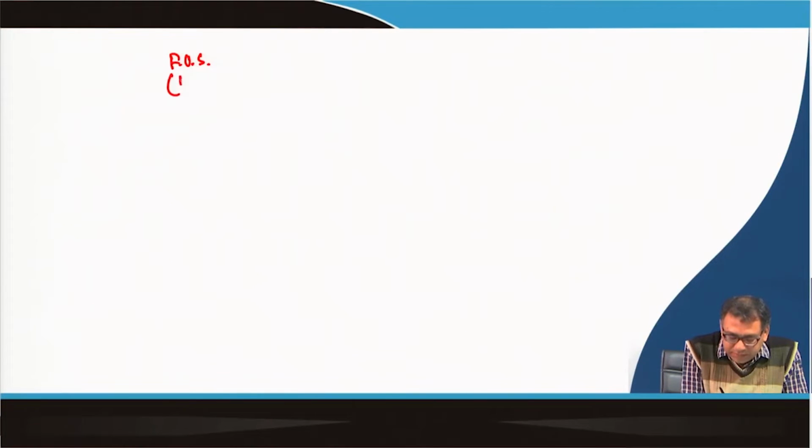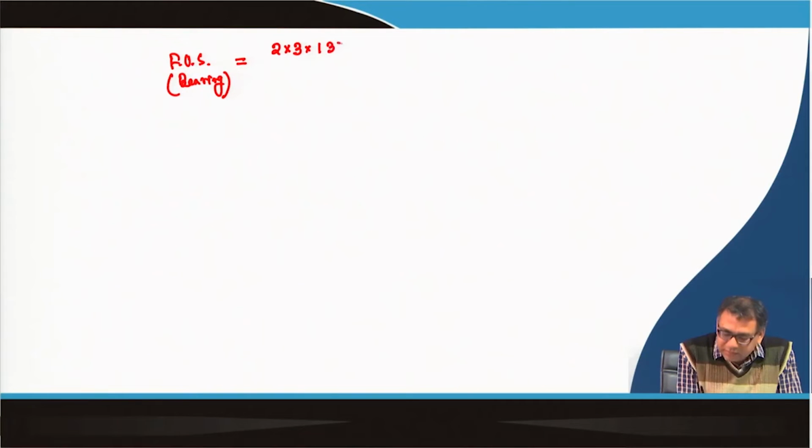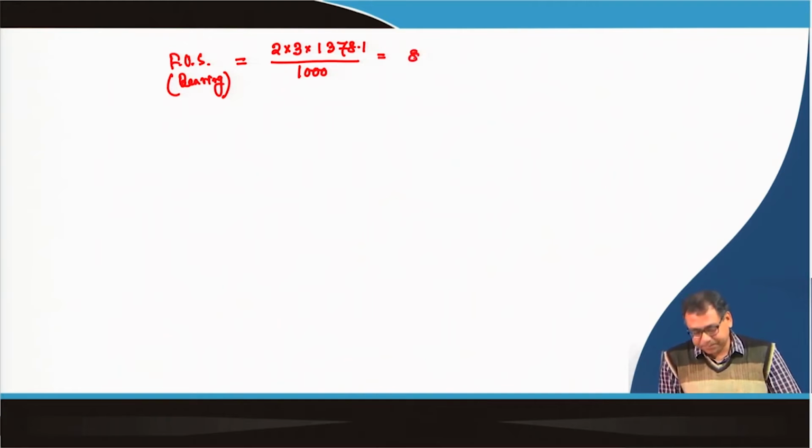Now, you have to calculate the factor of safety. For the factor of safety for bearing, that is equal to the total load the footing can carry, that is 2 into 3 area into the net ultimate bearing capacity, 1378.1, divided by the total load acting on the footing, and that value is 8, which is very high.